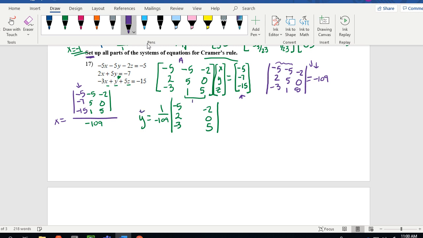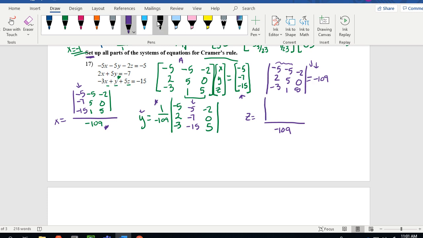For the y, it's the middle term because that's where the y goes. -5, -7, -15. Okay, and the z is the last term. So whichever way you like this better, whether it's 1 over -109 or that determinant over -109, I will take it either way.